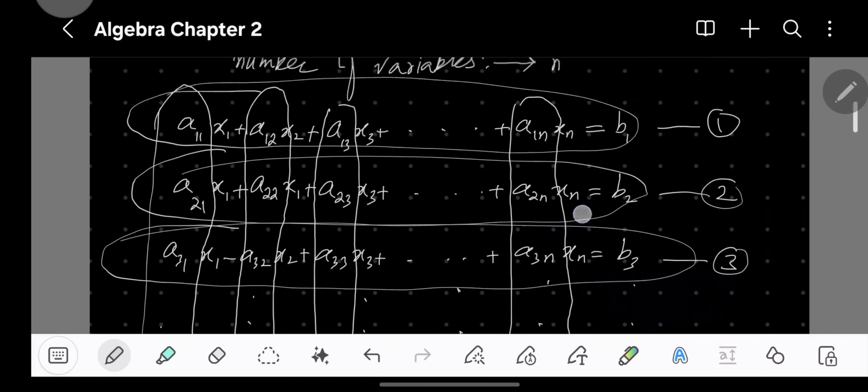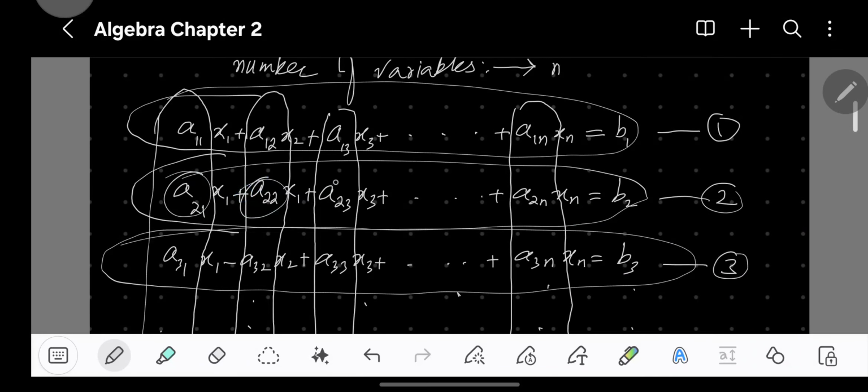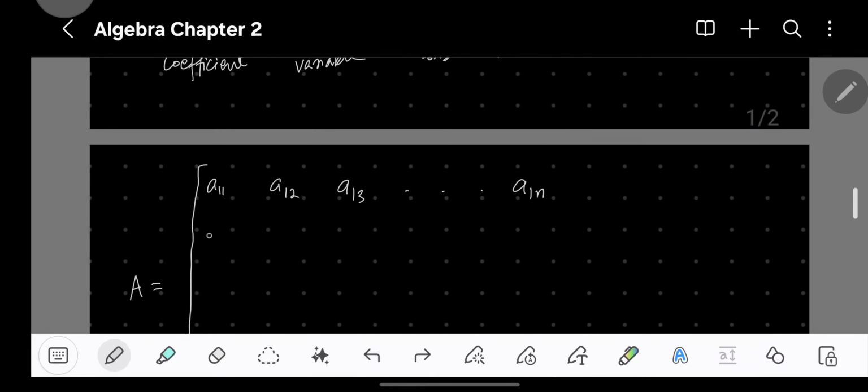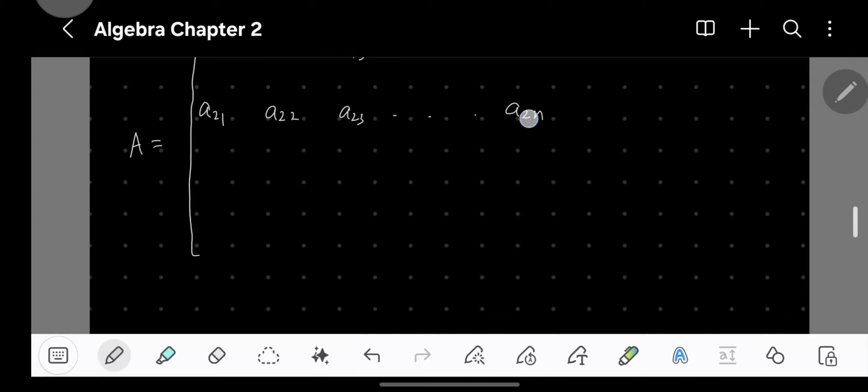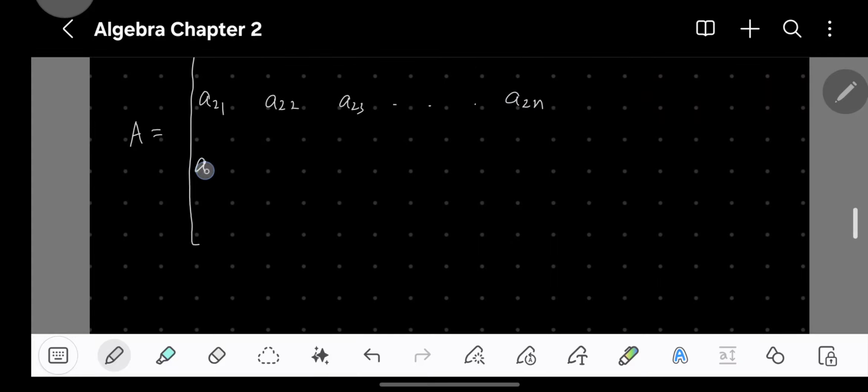And for the second equation, it is A21, A22, A23 up to A2n. Let me write A21, A22, A23, A2n, and then A31, A32, A33 up to A3n.